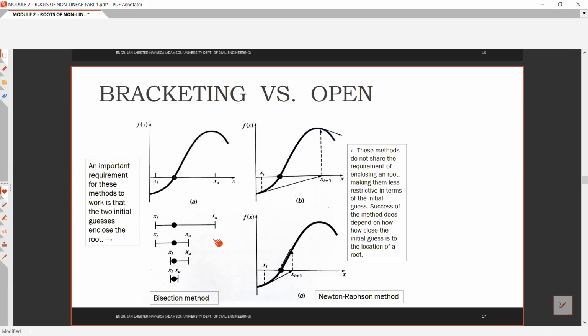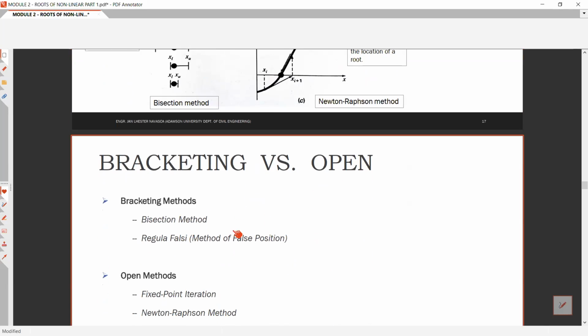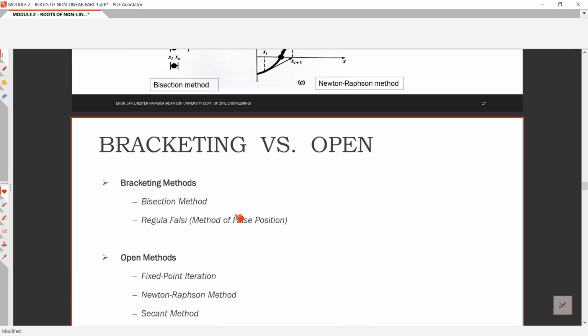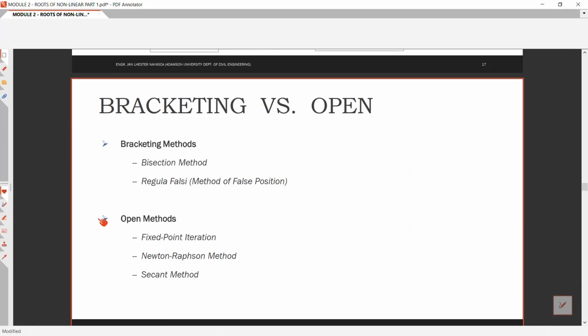So nandun yung root. So for the bracketing method, we have two known methods. We have the bisection method and we have the regula falsi method, or the method of false position. Next meeting, we will discuss na lang yung open method.